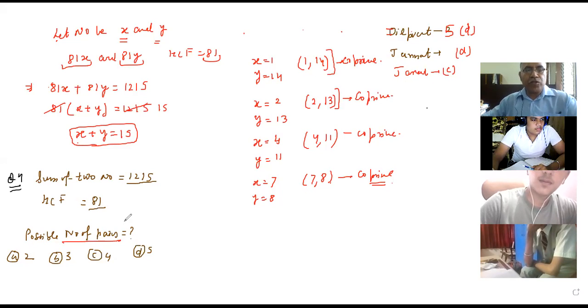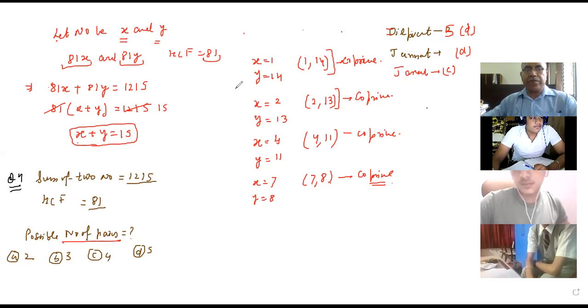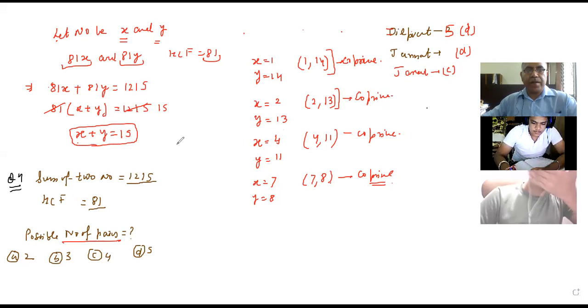Because possible number of pairs, I have to see the pairs which are co-prime. So if I will take some other factor, might be, you can say that 1, 2, let it be 3 and 12. अगर मैं फैक्टर ये ले लेता x3 और y12, but 3 and 12 are not co-prime numbers, na?